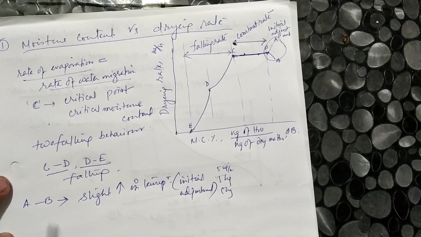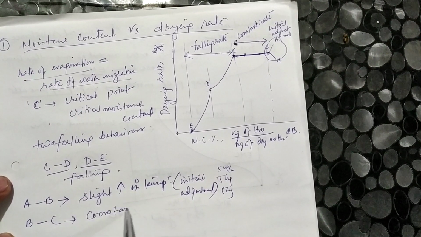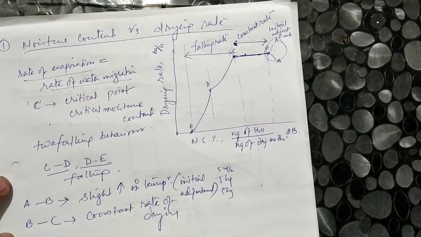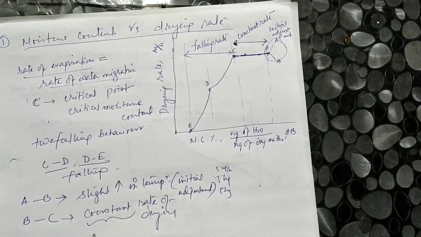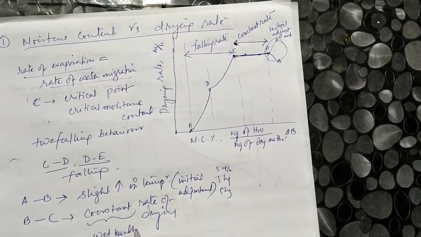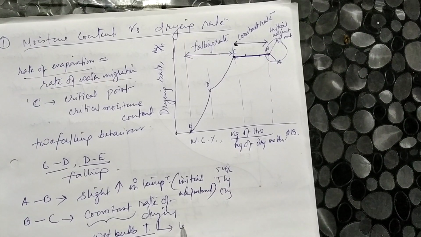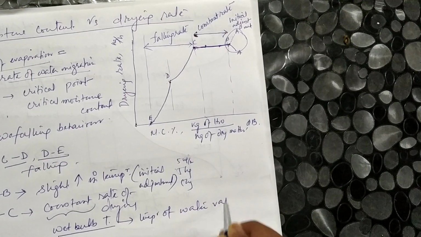B and C is called your constant rate of drying, where the rate of evaporation is exactly equal to the rate of moisture or water migration. Within this constant rate, the temperature represented here is your wet bulb temperature, that means the temperature of water vapor.